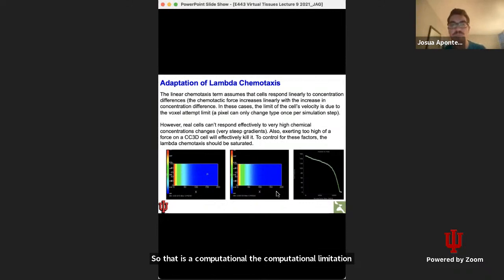From a biological perspective, cells do not respond linearly to stimuli. They saturate their response, because they cannot move infinitely fast as the gradient gets infinitely steeper.